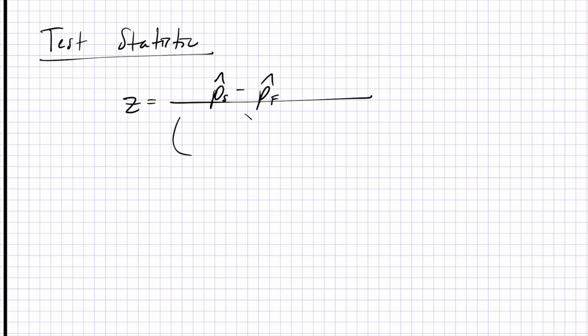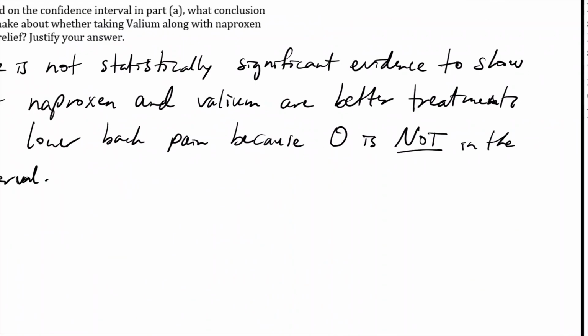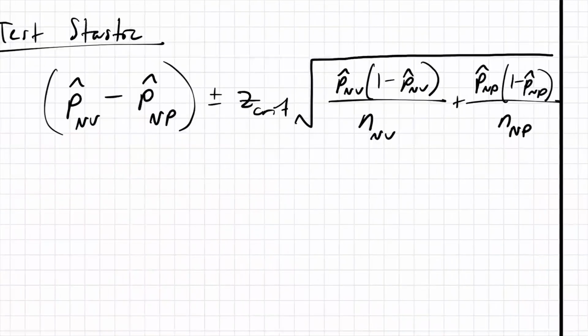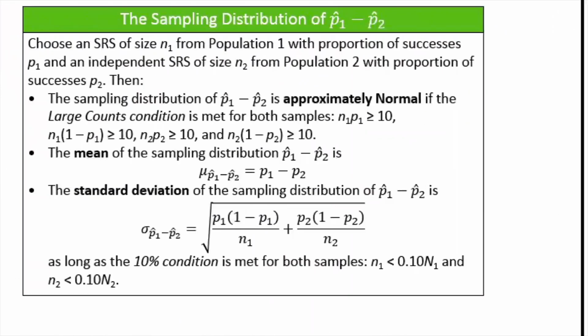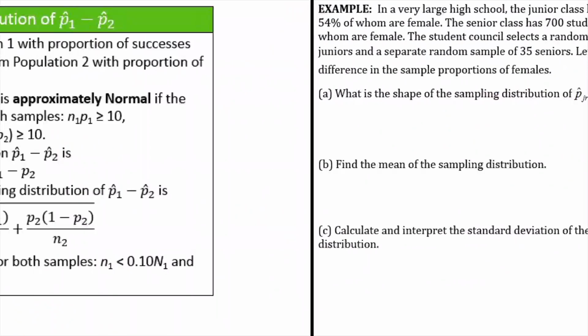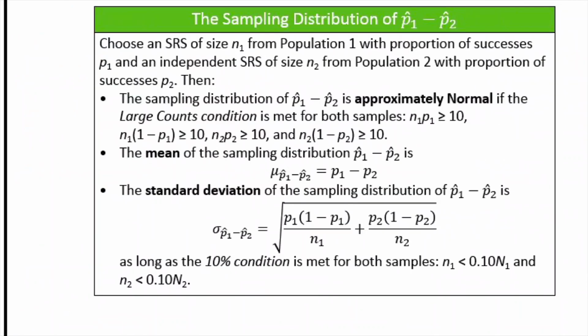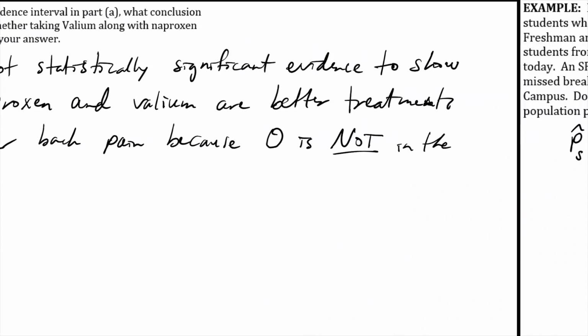On bottom, we're going to say ns, so p hat, not s. Wait, is it s? Let me go back. Yes, N1, N2. The rest are PCs.